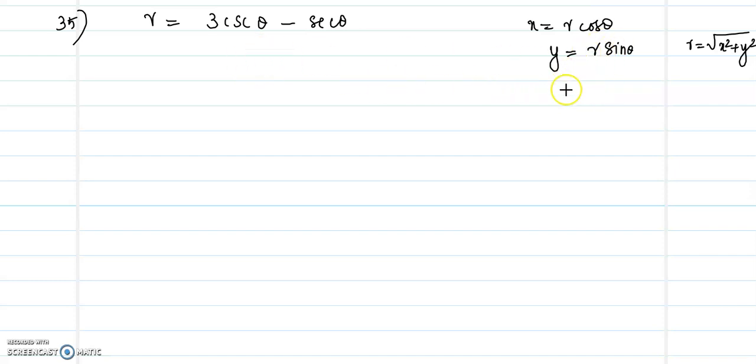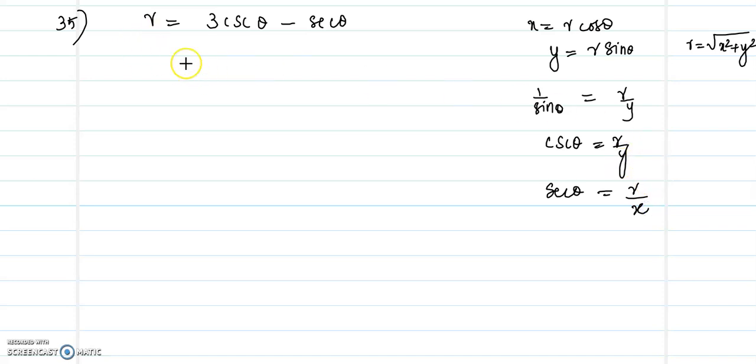So 1/sin theta, which is cosec theta, will be equal to r/y. Similarly 1/cos theta, that is sec theta, will be equal to r/x. So we can write this as r equal to 3 times r/y minus r/x.